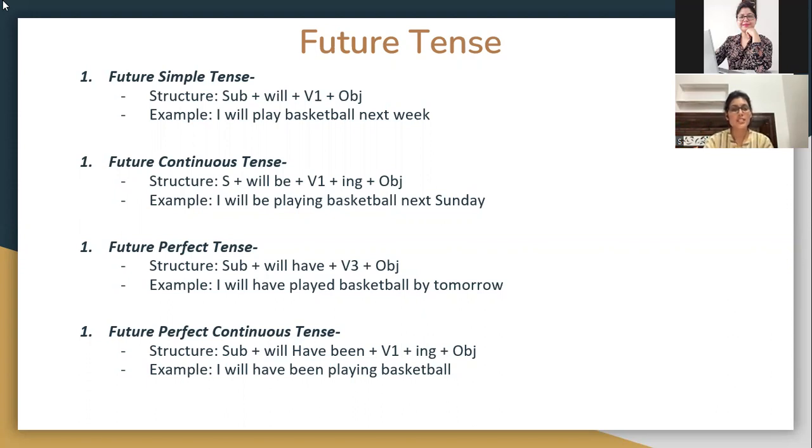The structure of the simple tense is subject plus will plus first form of main verb plus object.